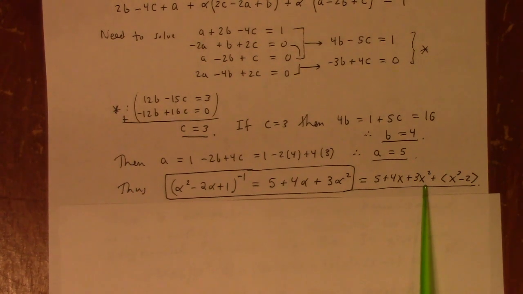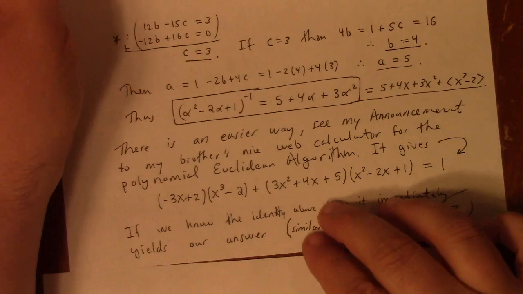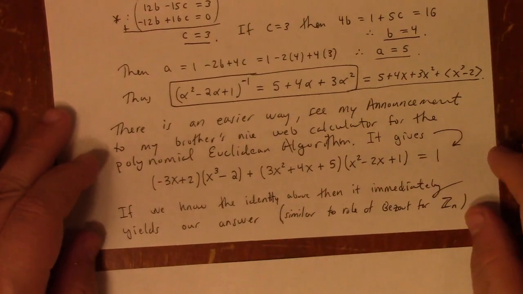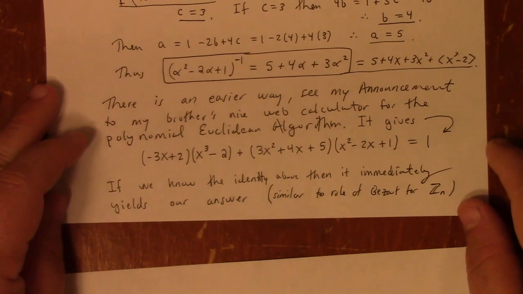But this is fine. But there is another way to do this, which is there's a Euclidean algorithm for polynomial division, and I'm not going to show you the details of that. This is a reasonable homework question.